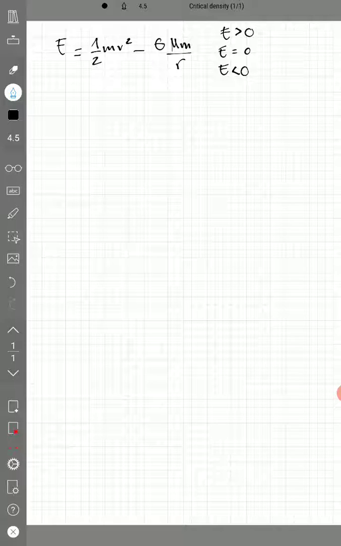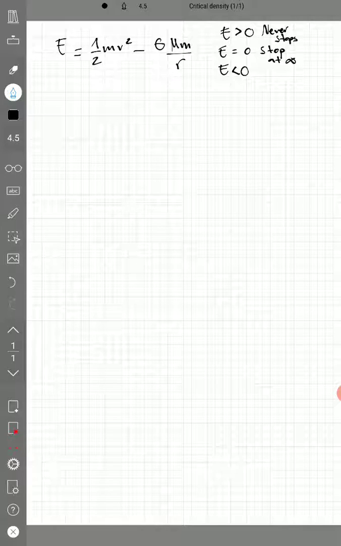So E larger than 0 is it never stops. E equals 0 is it stops at infinity.